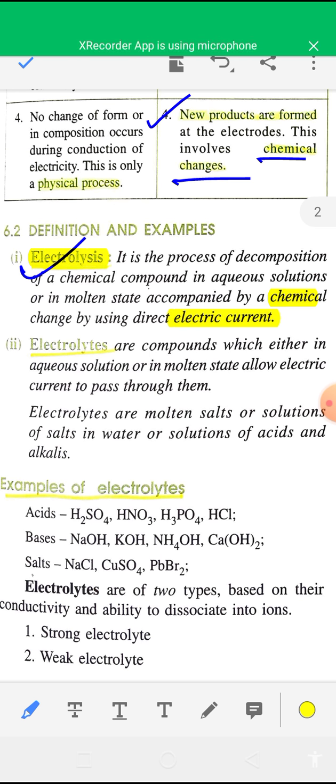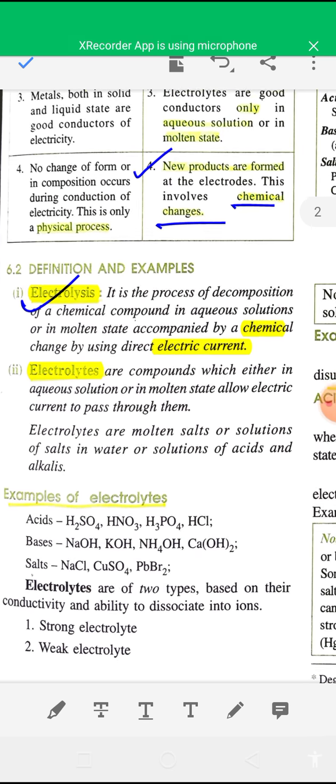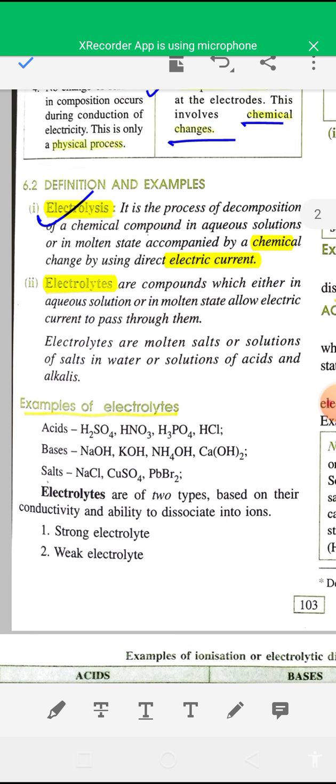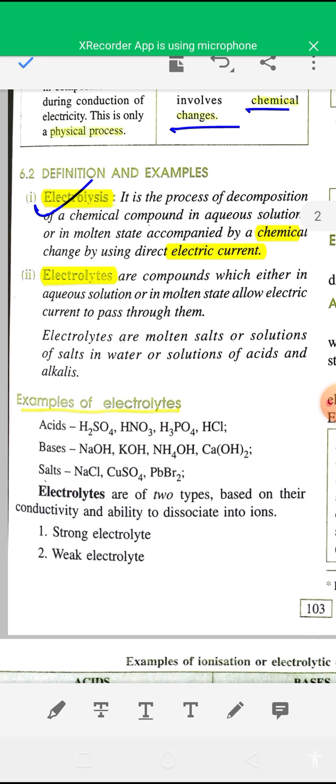And electrolytes, I have already told, are chemical compounds which can decompose in aqueous solution or in molten state and conduct electricity. So electrolytes are compounds which, either in aqueous solution or in molten state, allow electric current to pass through them.